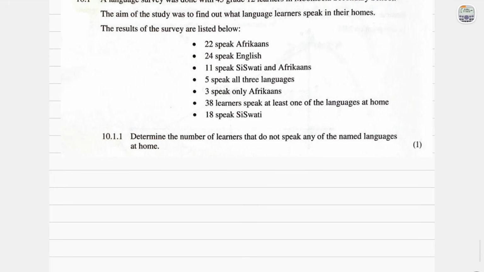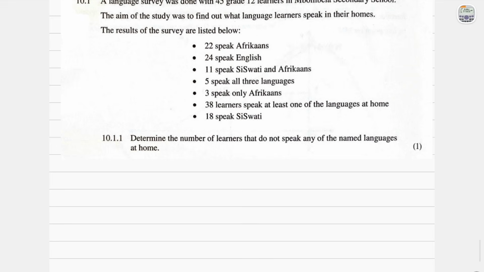And then 10.1.1 says, determine the number of learners that do not speak any of the named languages at home. Just see how they've actually helped us find this with one of the points they've mentioned here. Do you notice that they say 38 learners speak at least one of the languages at home?